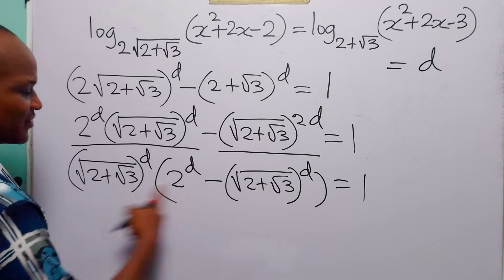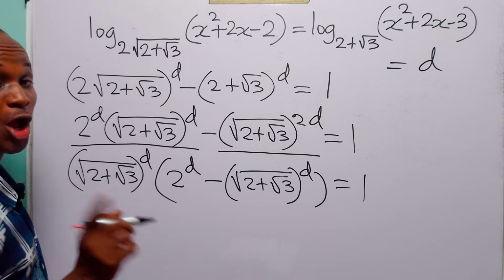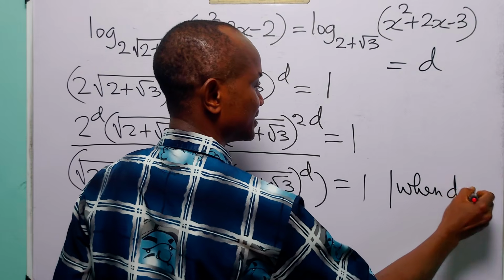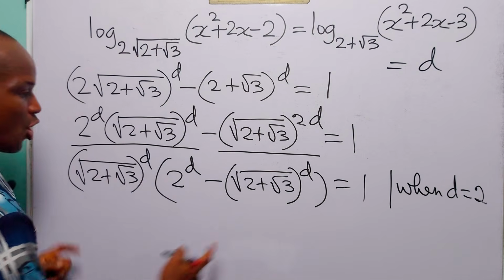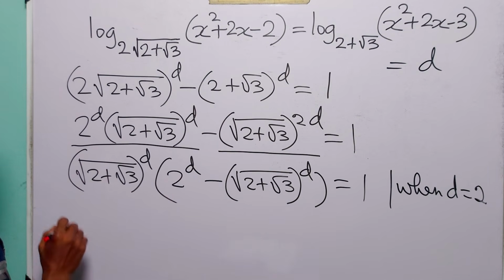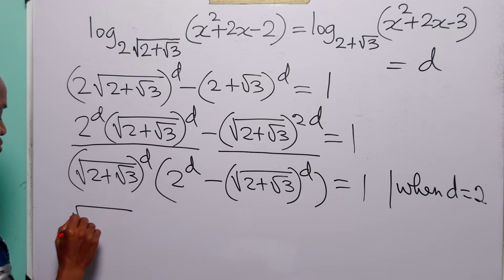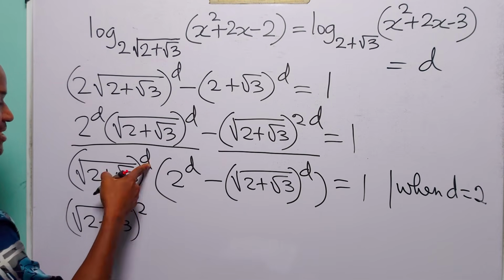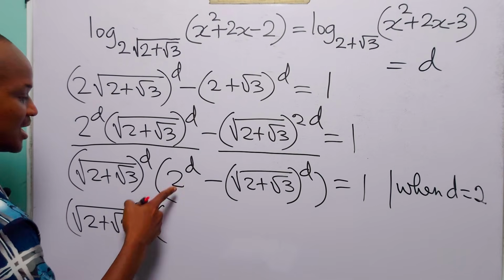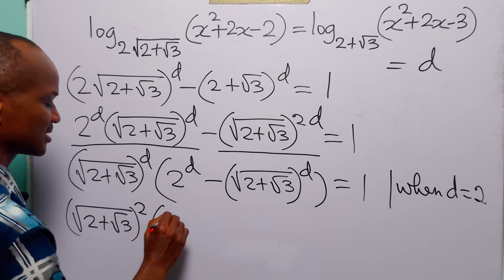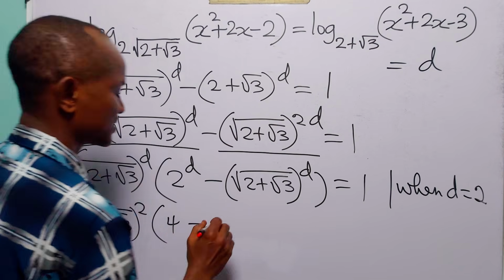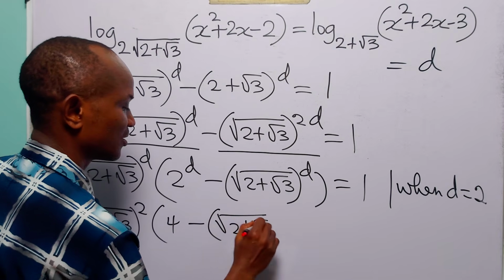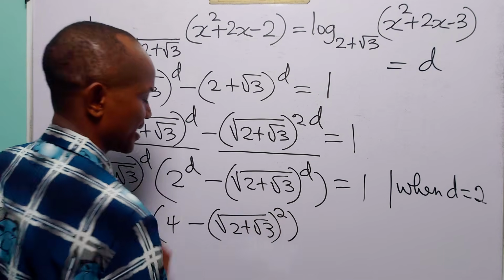Now let us look at the left-hand side of this equation. Notice that when d is equal to 2, on the left-hand side we have root 2 plus root 3 squared times 2 squared, which is 4, minus root 2 plus root 3 squared.